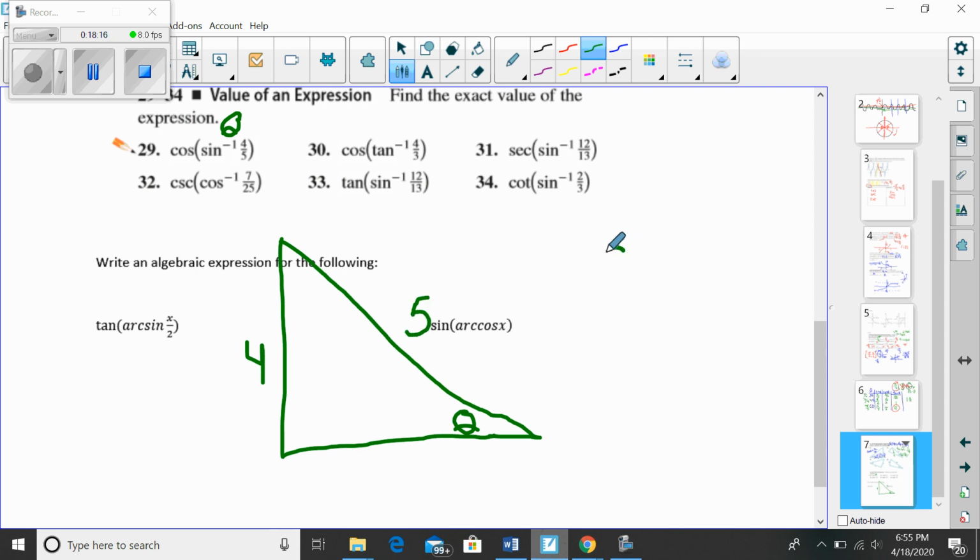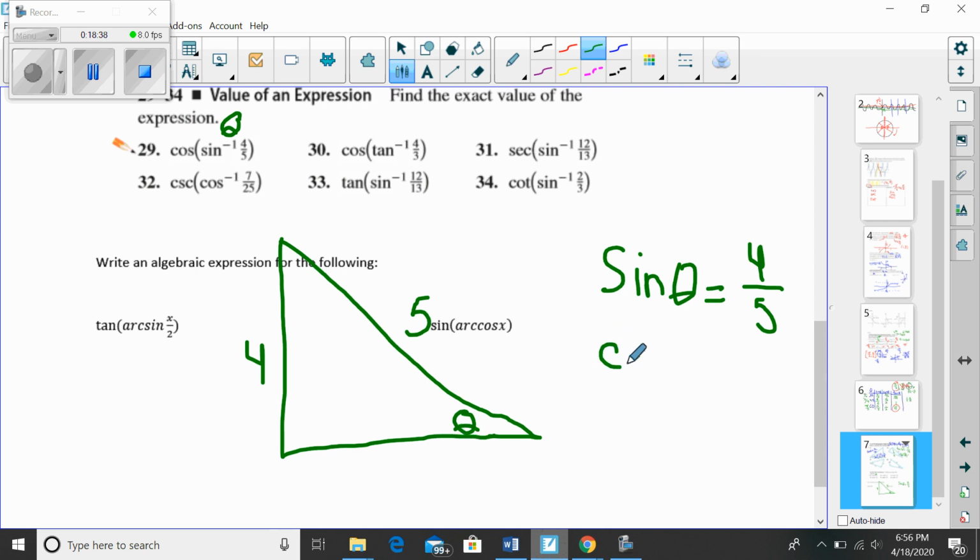So I know that sine theta equals 4 over 5. That's what I'm told here when I'm given inverse sine 4 over 5, right? And I know that that's some angle. So now I want to find the cosine of this same angle.